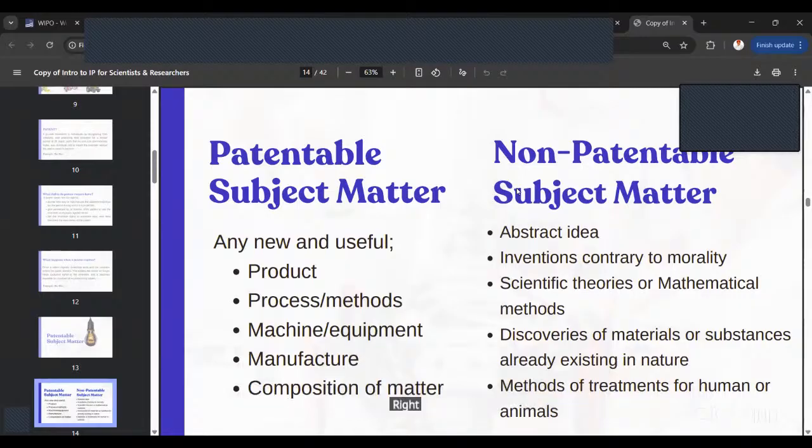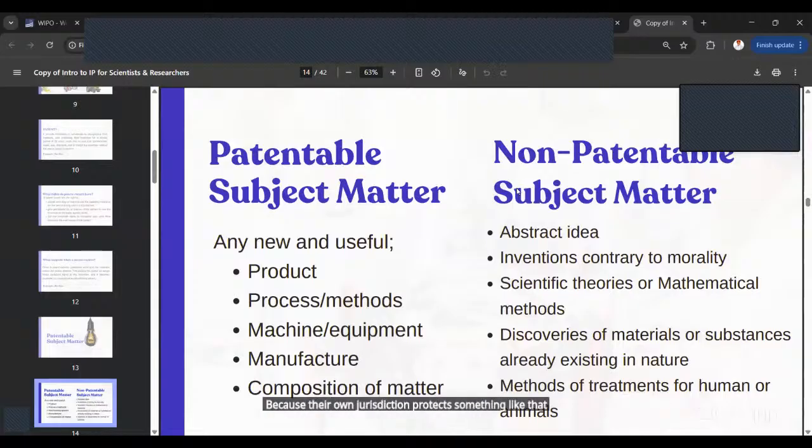So we had to come up with a different body that protects plants, which we call plant variety rights, but not plant patent. But if you look at other jurisdictions like the US, what they have is plant patent because their own jurisdiction protects something like that.